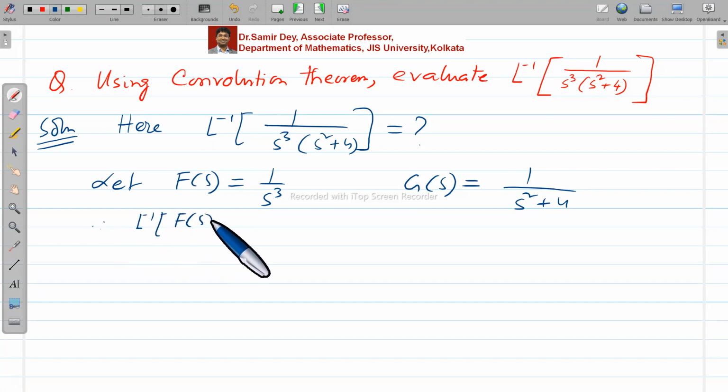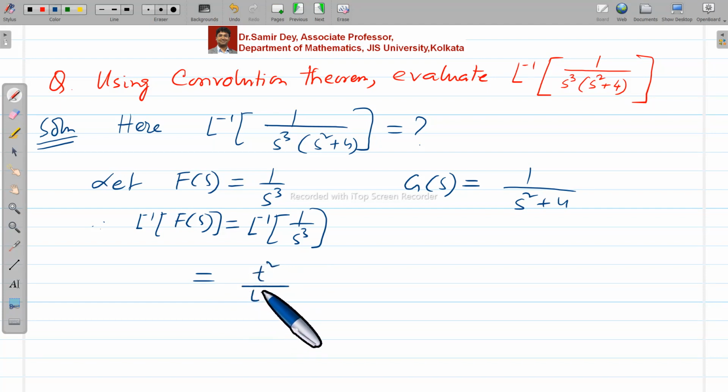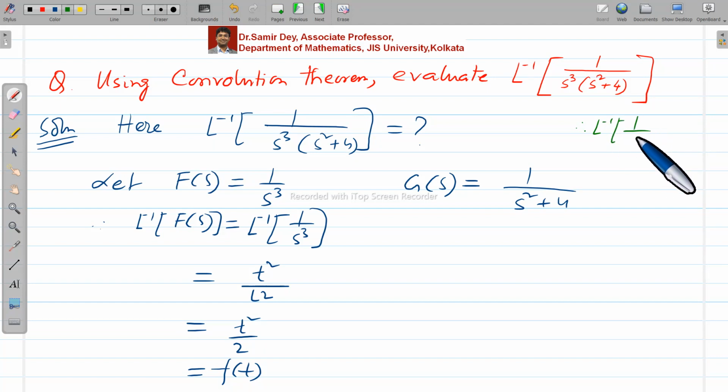So L inverse of Fs equals L inverse of 1 by s cube, which by your formula is t square by factorial 2, equals t square by 2, which is your Ft. By which formula do you have this? I think you can recall it. L inverse of 1 by s to the power n plus 1 equals t to the power n by factorial n.